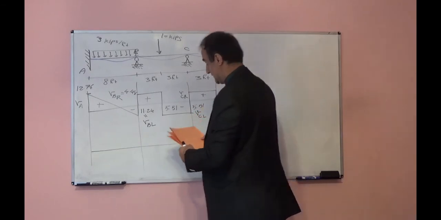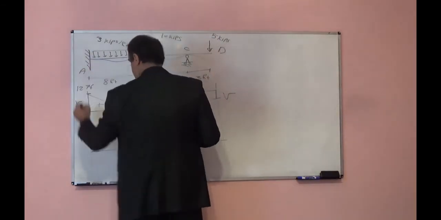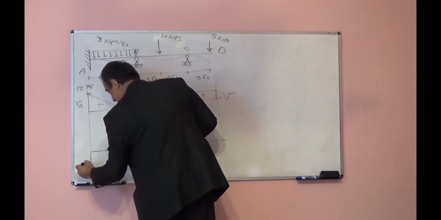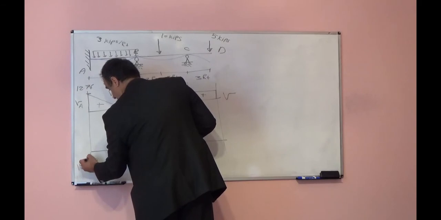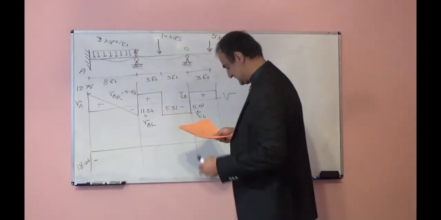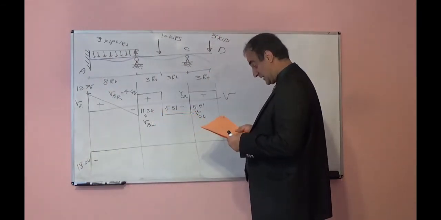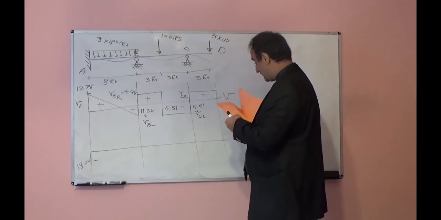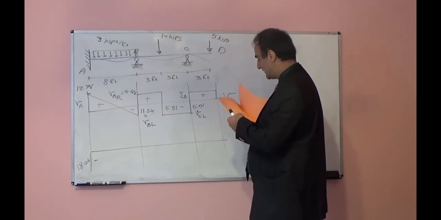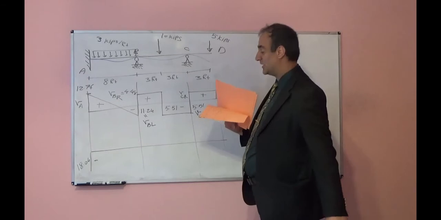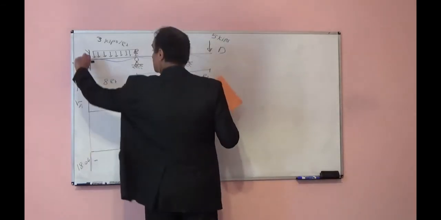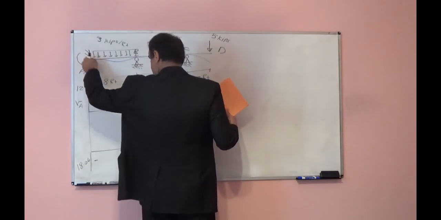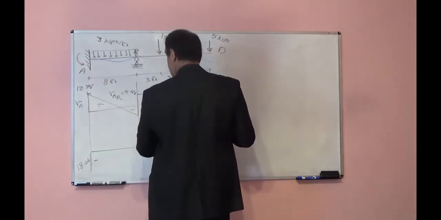So here the moment counterclockwise will create negative moment, negative 18.04. In one location I wrote 18.04, another 18.09. I don't know, one of them should be a little bit off, but I think 18.04. And because it is counterclockwise, it is negative moment.